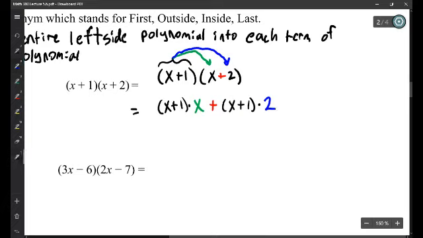Now it's okay to distribute things from the left. So we get x times x, x times 1. Similarly, in the second term, we have 2 times x and 2 times 1. So we get x times x plus 1 times x plus, in the second term, 2 times x plus 1 times 2.